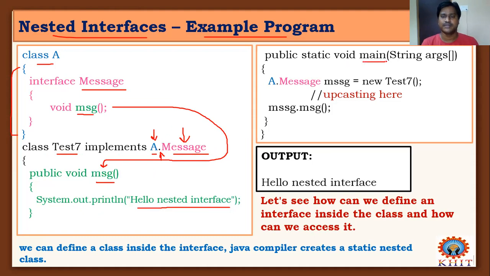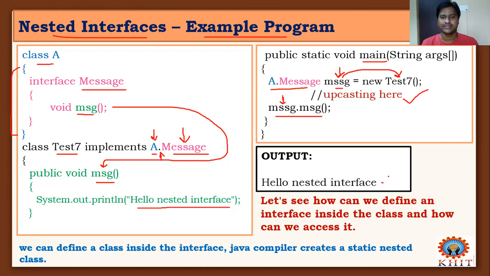And coming to the public static void main method of this Test7 class, one reference variable is created, the same class name dot interface name, and it is assigned a Test7 instance, nothing but an object. Upcasting here, and calling the message method defined in the Test7 class through the reference variable of that interface.